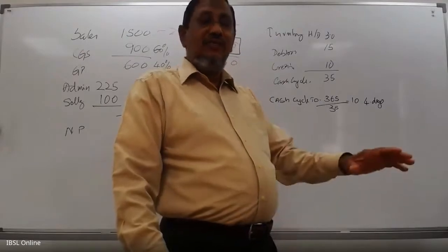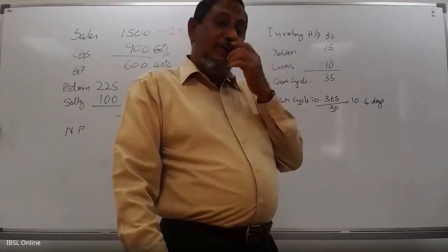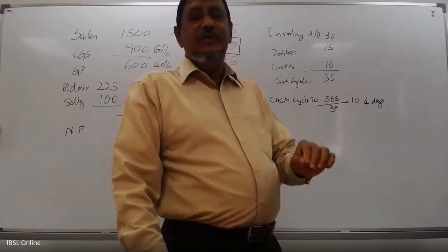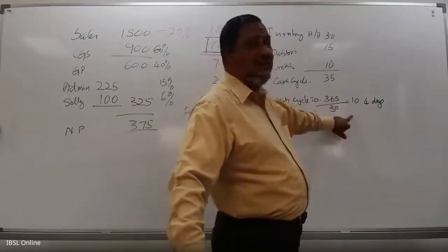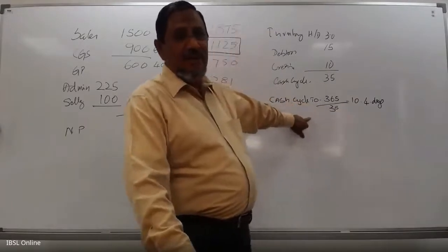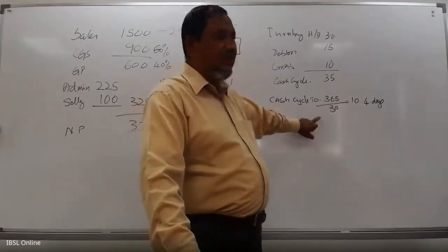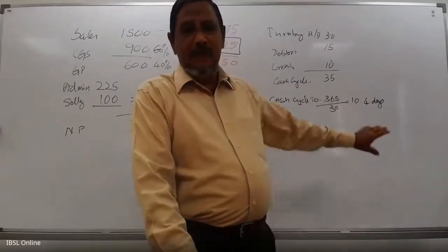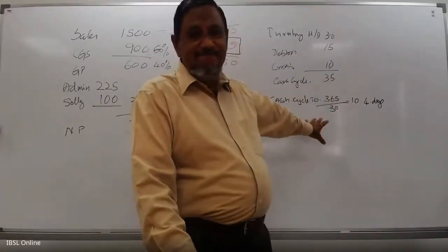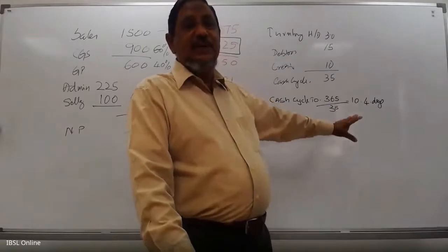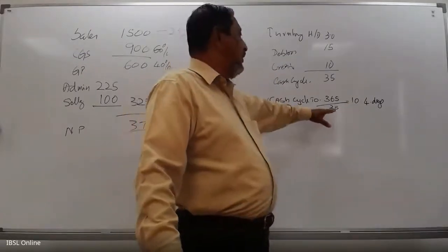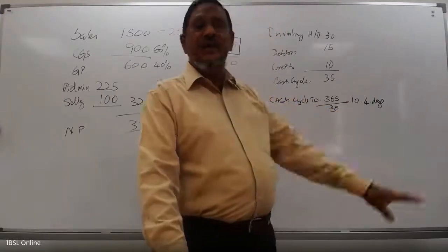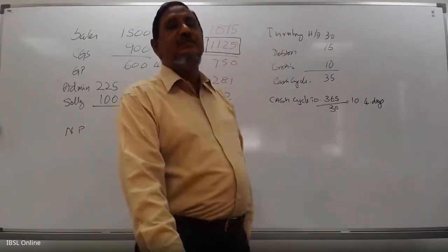Therefore, whenever we invest money, that investment will rotate 10 times in the business. How much you give, that amount will be rotated 10 times, depending on the cycle. If the cycle is longer, say 5 times, then it will rotate only 5 times. That depends on the business.